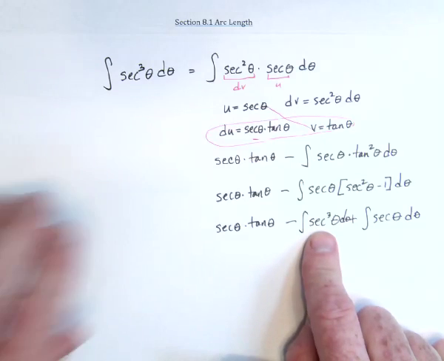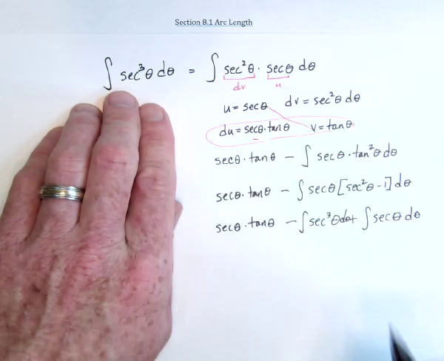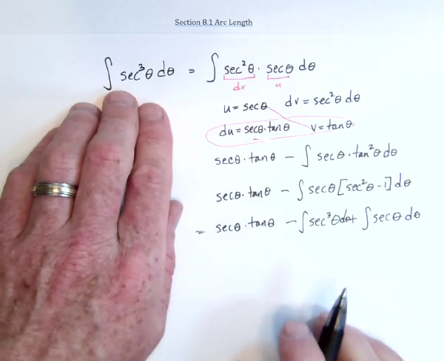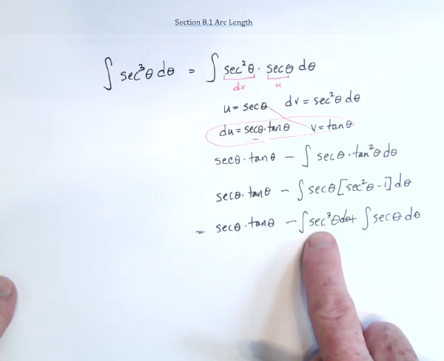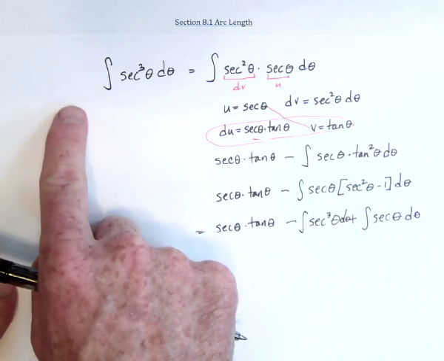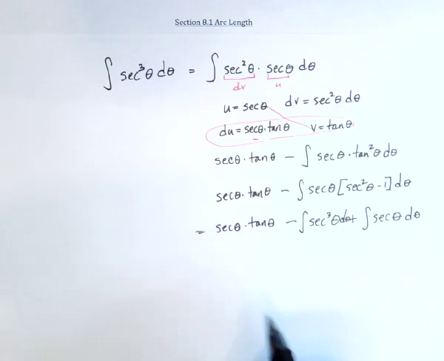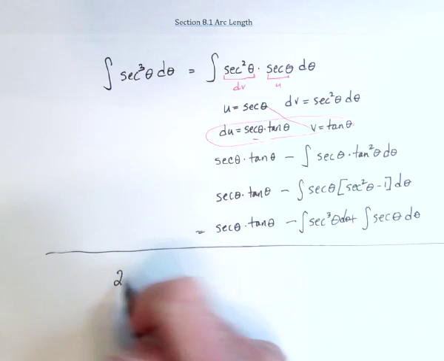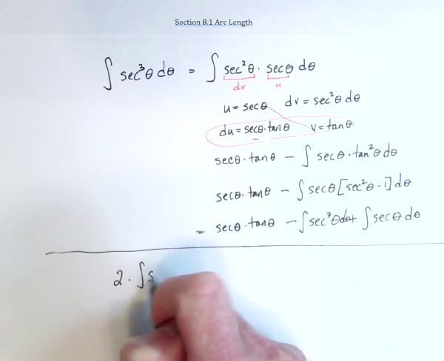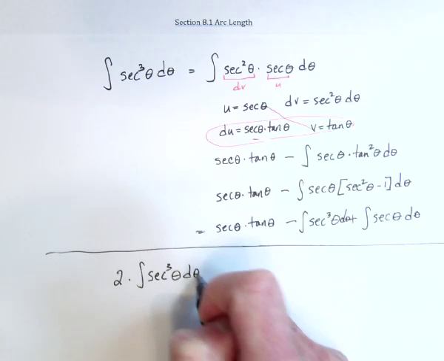What you do is treat this as one big equation. So it says integral of secant cubed equals all of this stuff. Just take this, move it to the left side of the equation, in other words, add the secant cubed to both sides, and then we'll have two of them. So then we'll have 2 integral of secant cubed on the left-hand side.